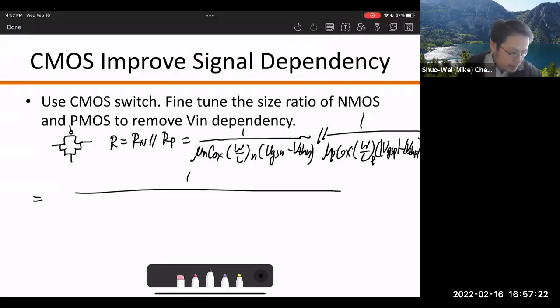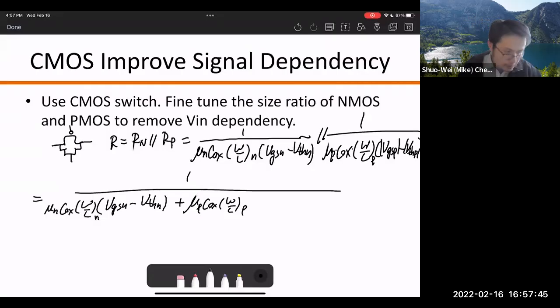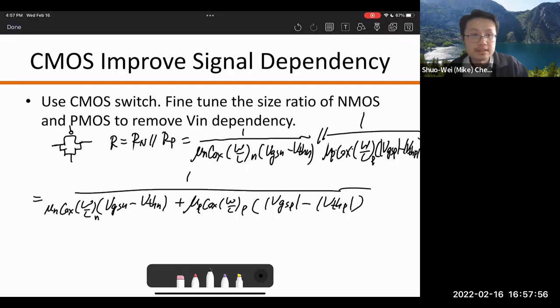So if you sum that up, what you're going to get is mu n Cox W over L of the NMOS times (VGSN minus VTHN) plus mu p Cox W over L of the PMOS times (VGSP minus VTHP). Okay, so that's the combined turn-on resistance of this transmission gate, basically, right?